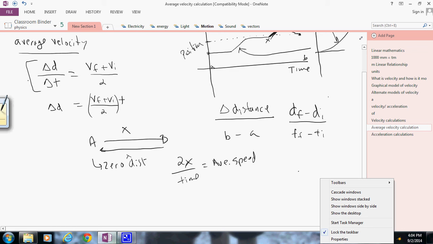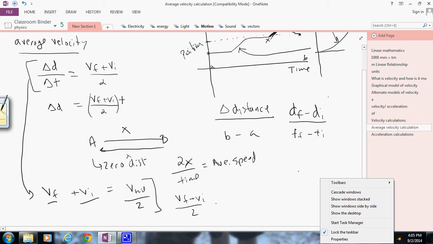Essentially, if you take a velocity final plus a velocity initial, you get your two velocities, your velocity total, and then divide that by two values, 1 and 2. That gives you your average. So velocity final plus velocity initial divided by 2 is your average velocity, which equals your change in distance divided by your change in time.